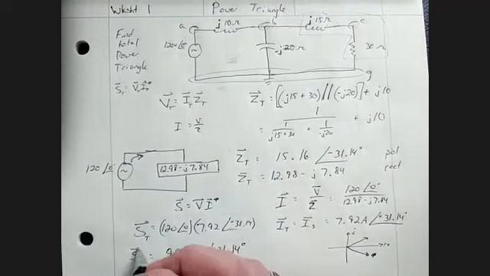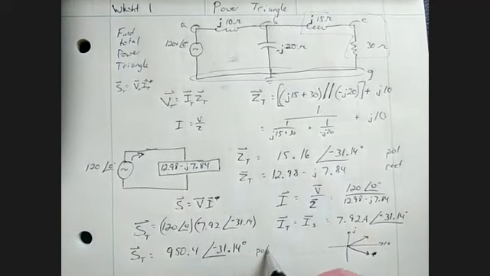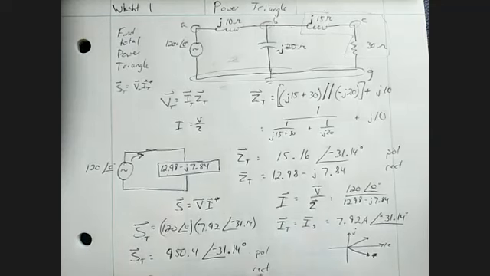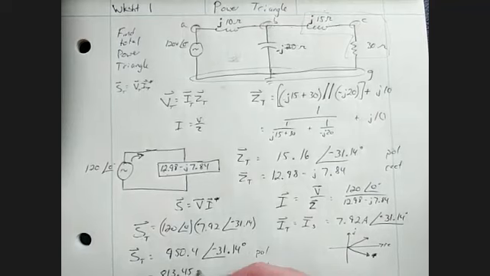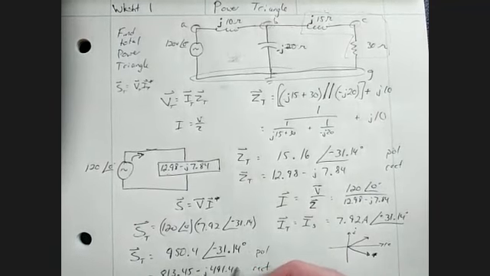That is complex power. This is in the polar form, and I can go straight to the rectangular form, and then I will have all four components of my power triangle. When I go from polar to rectangular, I get 813.45 minus j491.48.